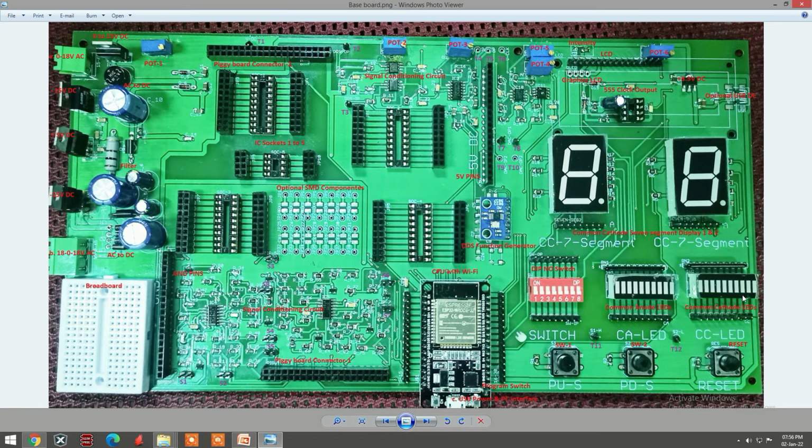Common cathode is exactly opposite, where all the cathodes of these LEDs are already grounded, so the anodes are floating. Whenever you give 5 volts to an anode, because you should give a minimum of 3.3 volts, somewhere around 3.3 to 5 volts, we have taken care of the resistors which will limit the current. So protection is already there. That's another advantage.